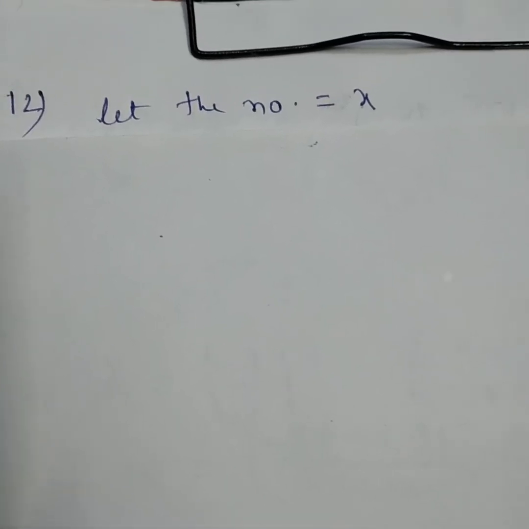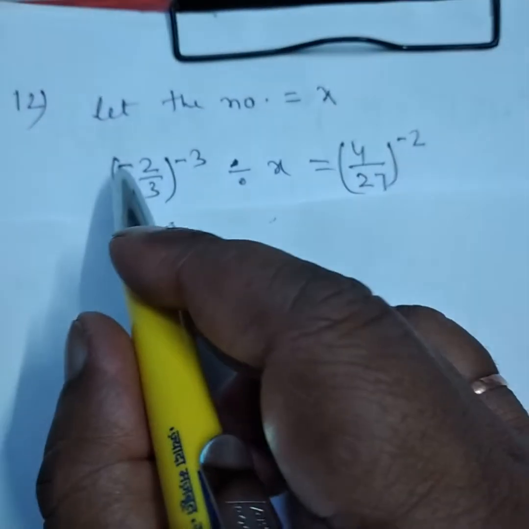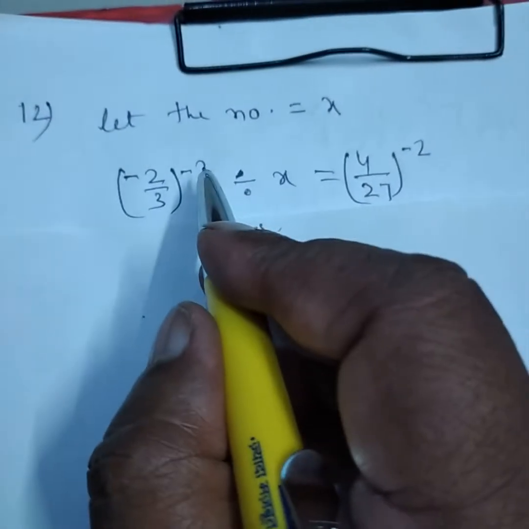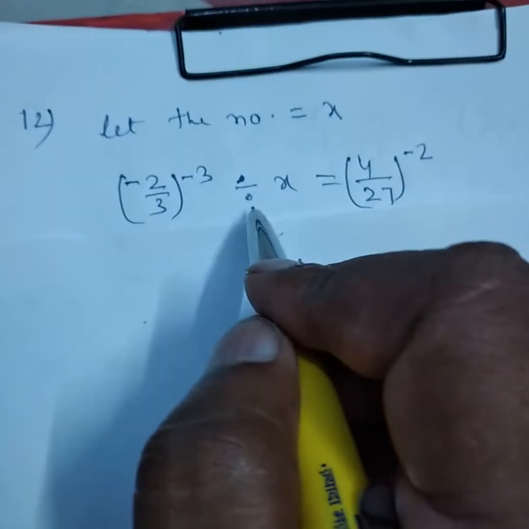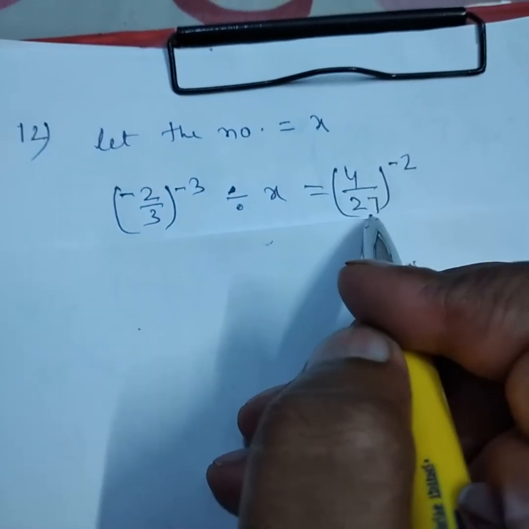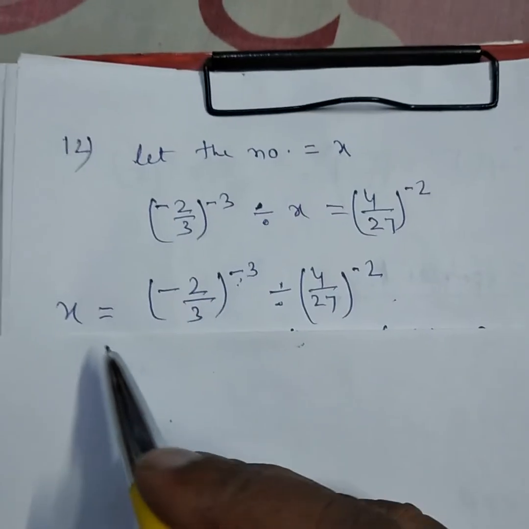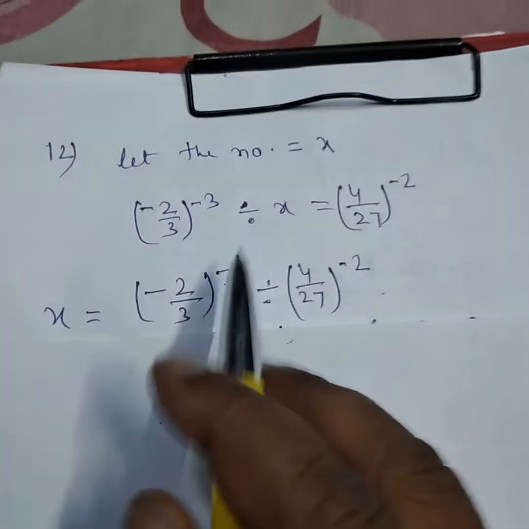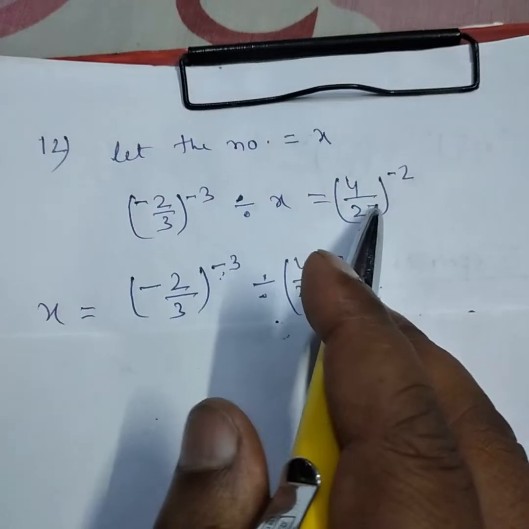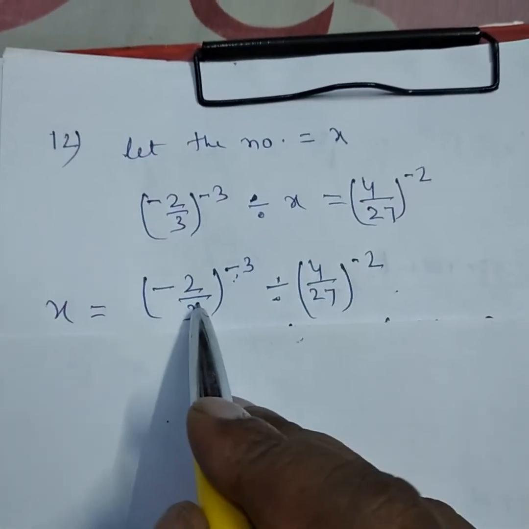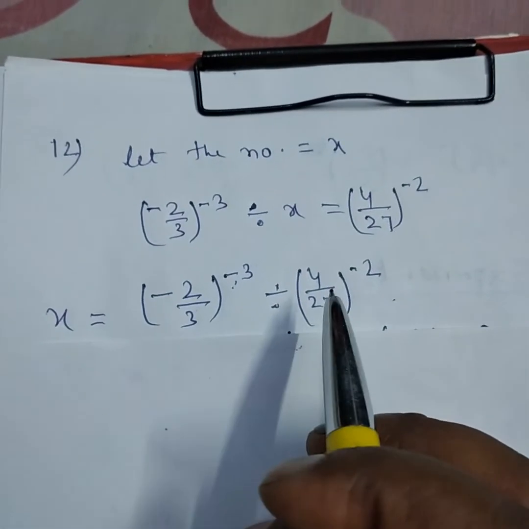Let the number be x, in this way we can write (-2/3)^-3 divided by x equal to (4/27)^-2. Then if we write in a simple way, x equals this divided by this.